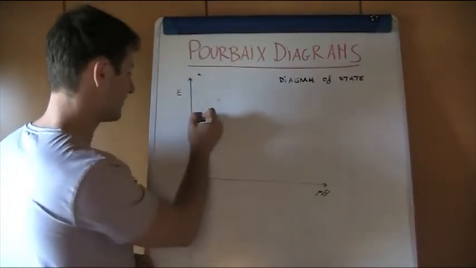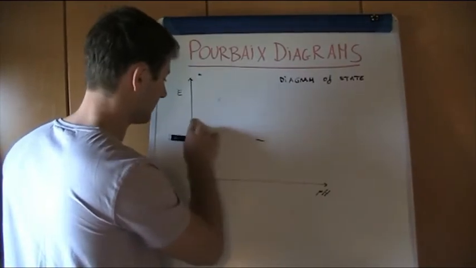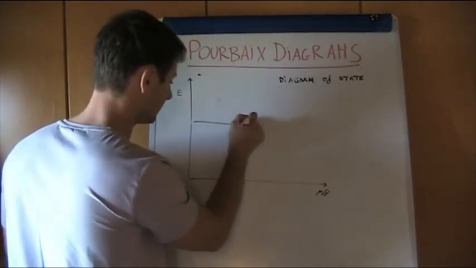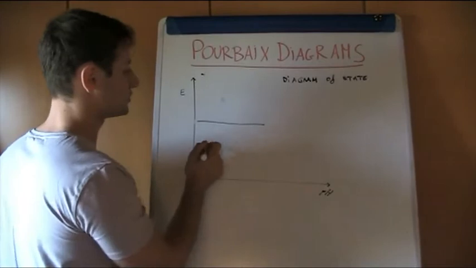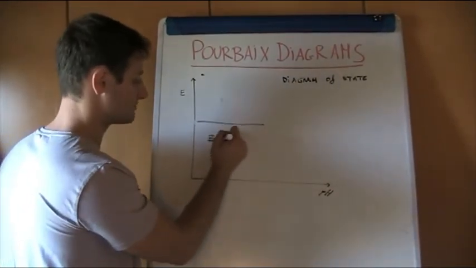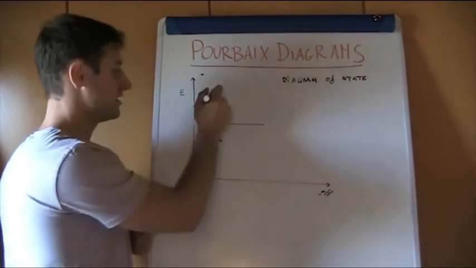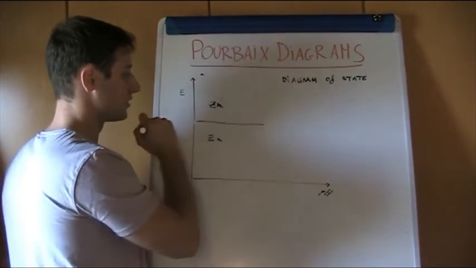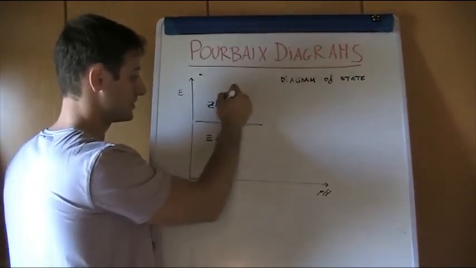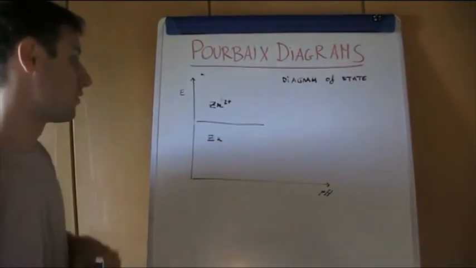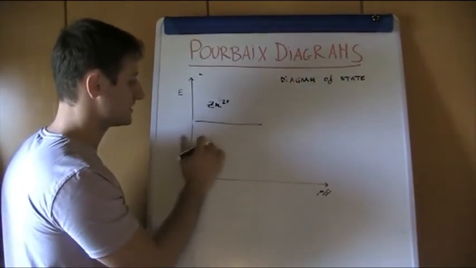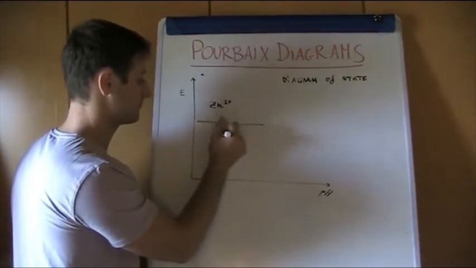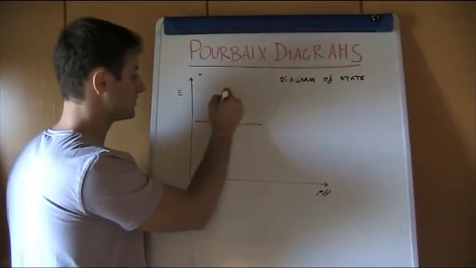So if we have something like this, for instance, maybe this line, we can have that under this zone we have the stability of metallic zinc, and here we can have the stability of, I don't know, zinc 2 plus. Or in general, we can have a generic species A and an oxidized species here.